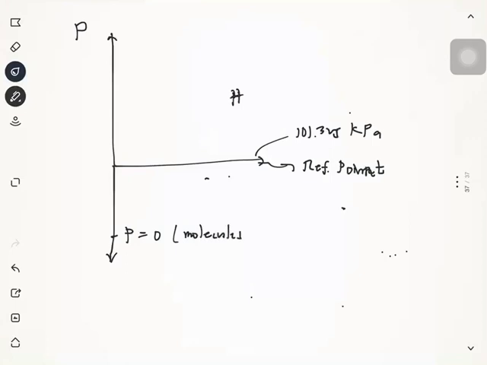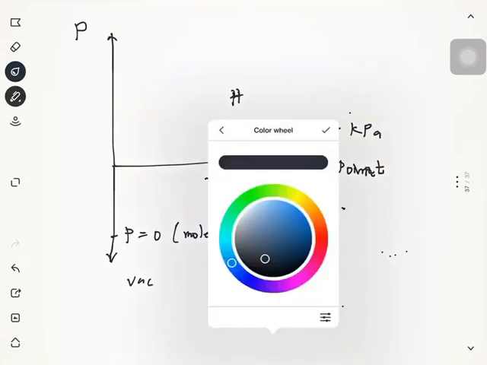Pressure is zero if the molecules stop moving. Pressure is zero here.